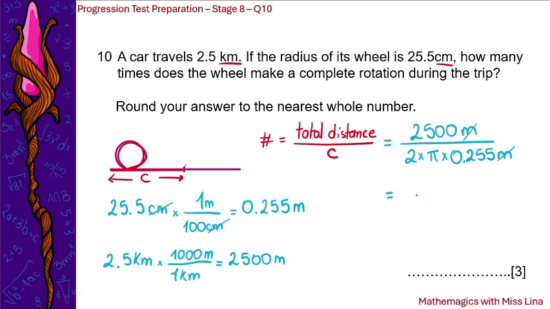We could do this in the calculator and you are going to get that the answer is 1,560.34 with some other decimals. Since it says round to the nearest whole number and also it's talking about a complete rotation, then we would dismiss these decimals here and we are just going to write 1,560 rotations. And like that you are going to get the 3 marks.